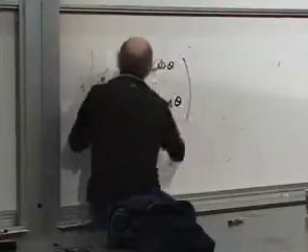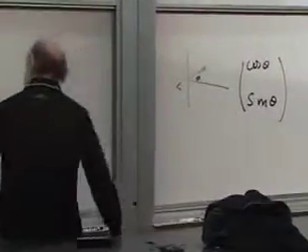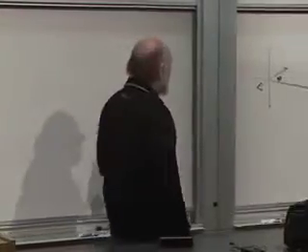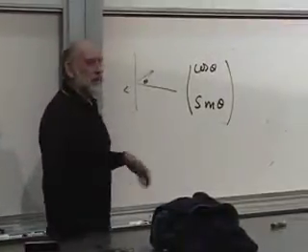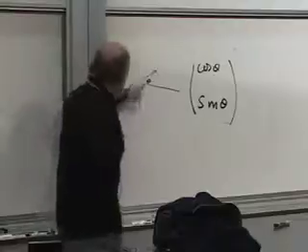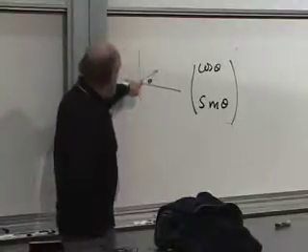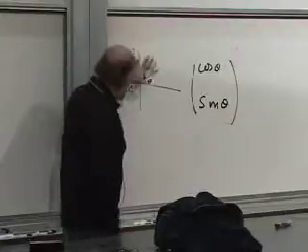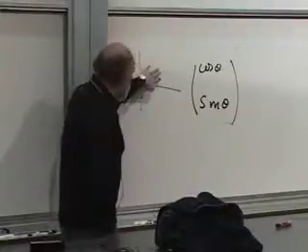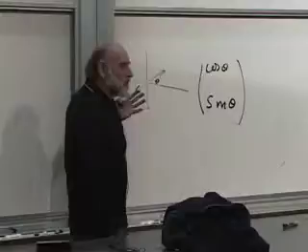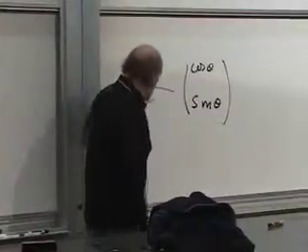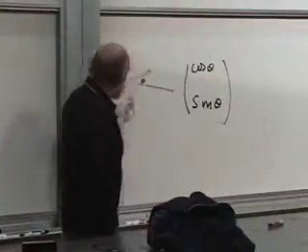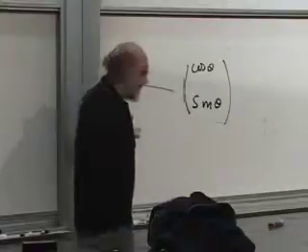And now let's ask, supposing we start with this photon, and instead of measuring the circular or elliptical polarization, let's measure the linear polarization along the axis theta. That means put a linear polarizer along the direction theta, and see what the probability is that you go through. What's the probability that it's polarized along the theta axis?